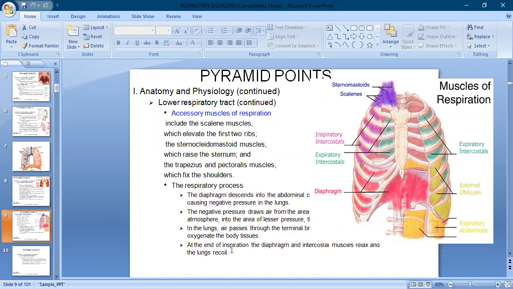At the end of inspiration, the diaphragm and intercostal muscles relax and the lungs recoil. So the basic theory of the respiratory process is that we need to develop negative pressure. Because of negative pressure, the respiratory system can start to work.